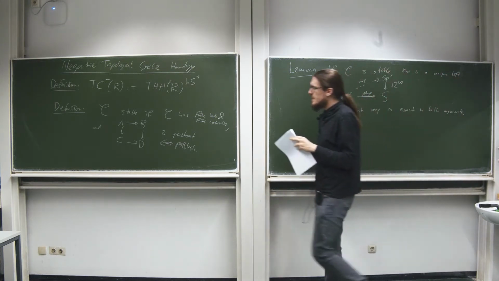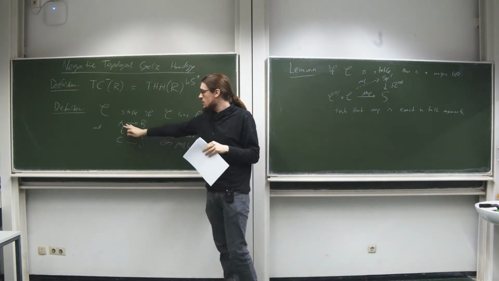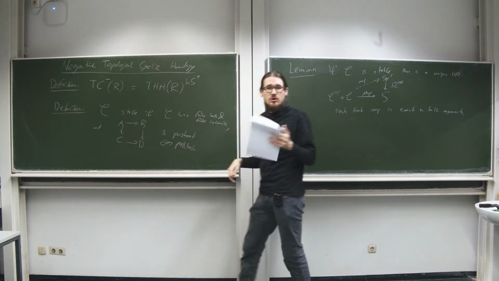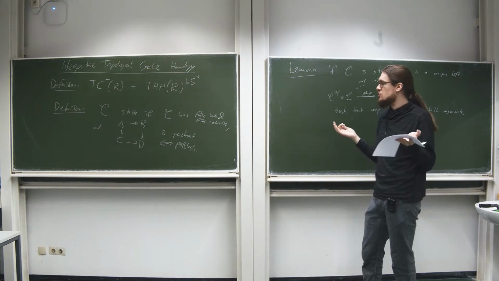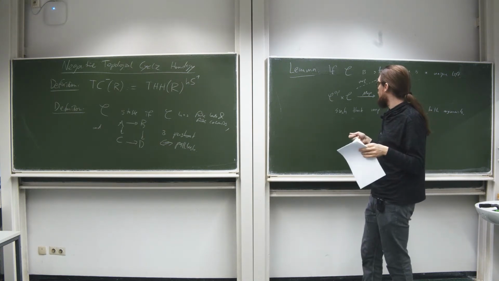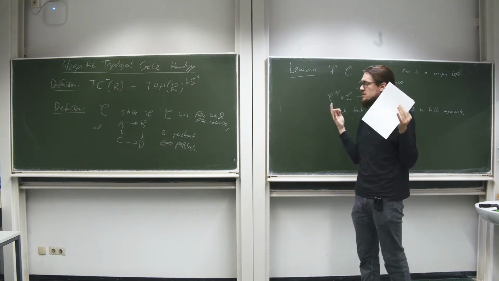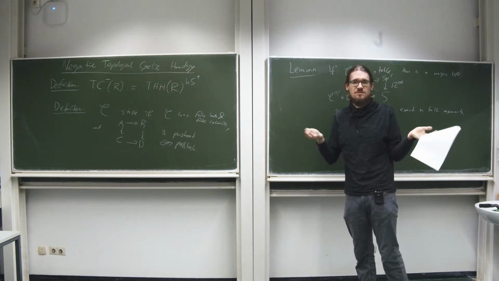And what does exact mean? Well, as I mentioned here, in a stable infinity category, co-fiber sequences and fiber sequences are the same. So it makes sense to just require that a functor preserves co-fiber sequences and fiber sequences, right?